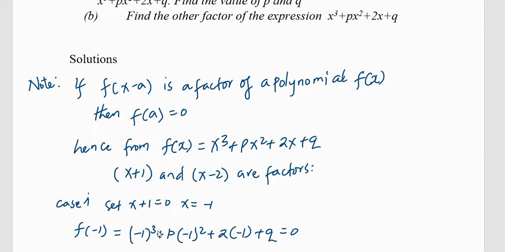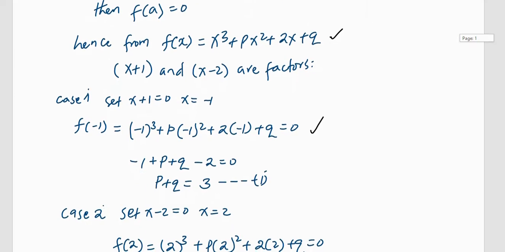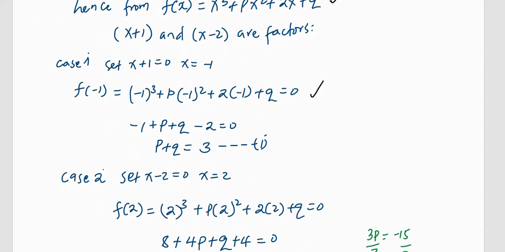We just substitute wherever x is: minus 1 cubed plus p into minus 1 squared plus 2 into minus 1 plus 2 is equal to 0. After collecting like terms, p plus 2 will equal 3. That is one equation that we have gotten.